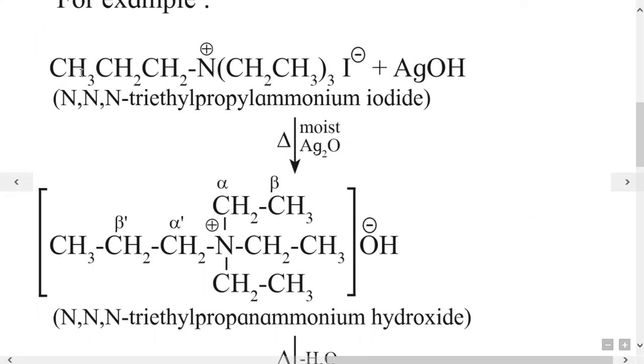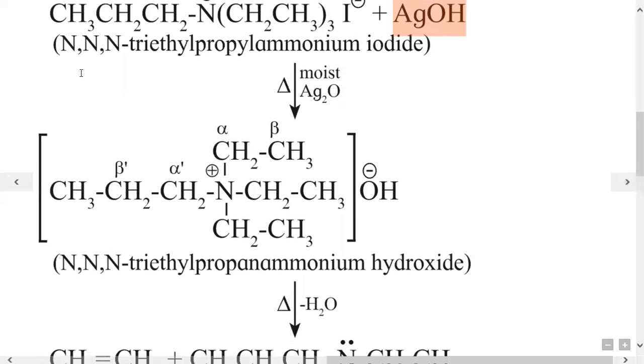So it is N,N,N-triethyl propyl ammonium iodide when treated with moist silver oxide, that is AgOH. Then the formation of the hydroxide takes place, that is N,N,N-triethyl propan ammonium hydroxide.